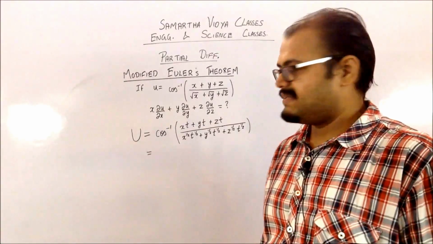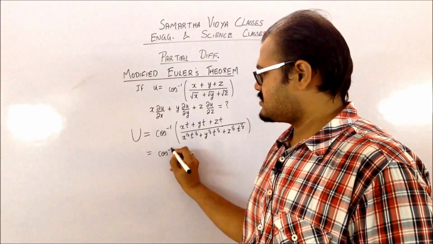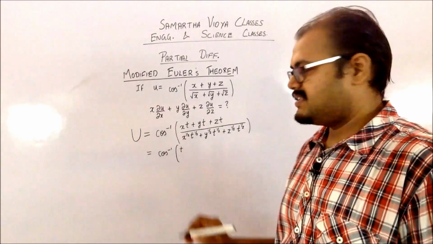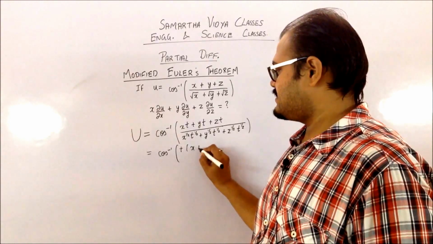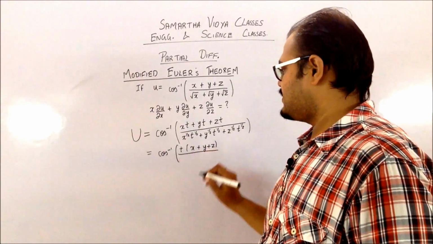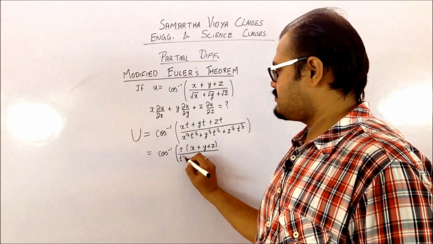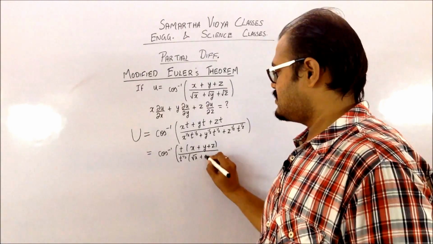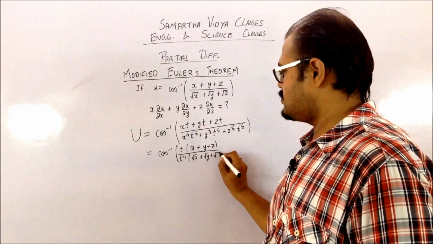This can now be written as cos inverse of, taking t common, x plus y plus z divided by, taking t raised to half common, root x plus root y plus root z.